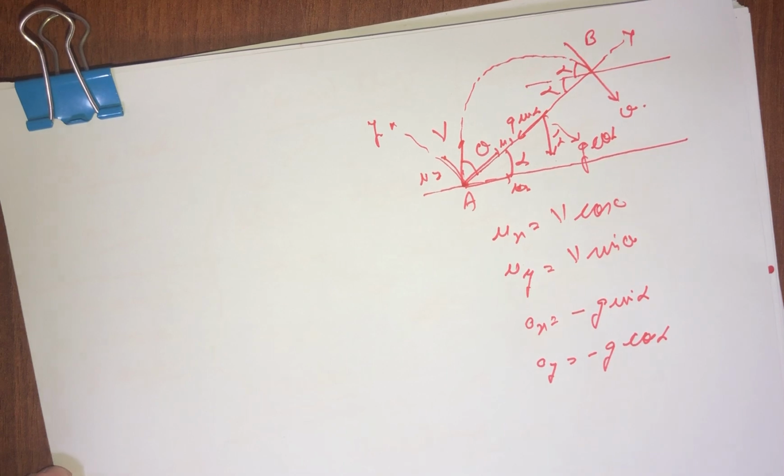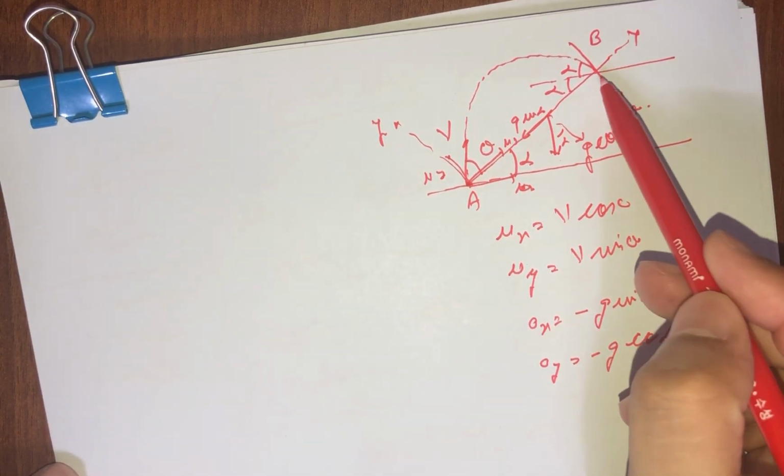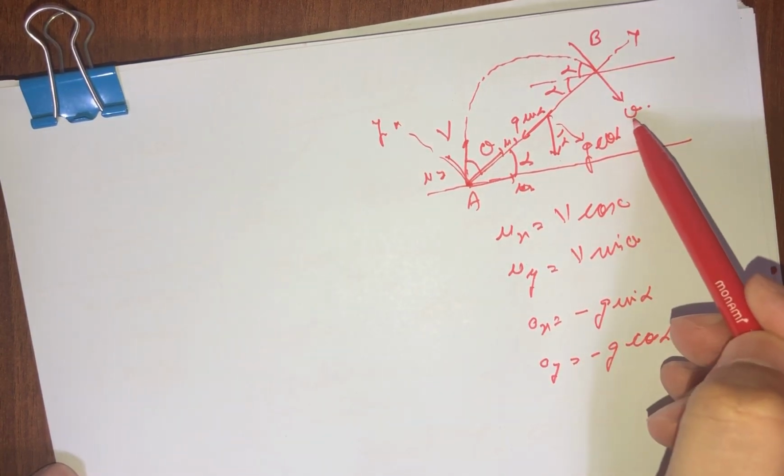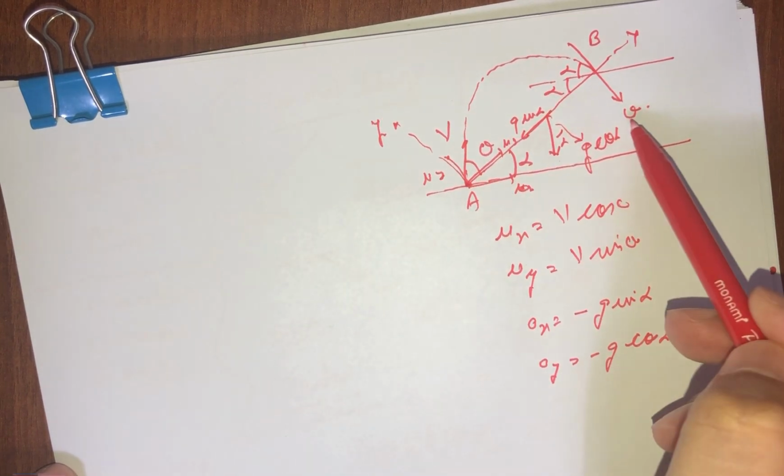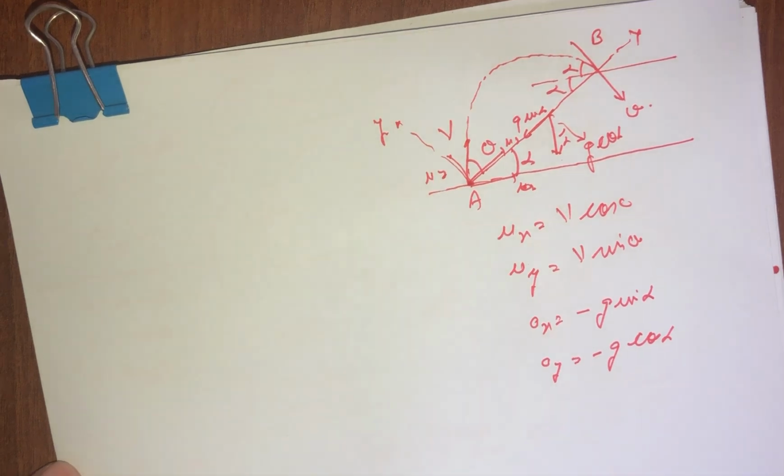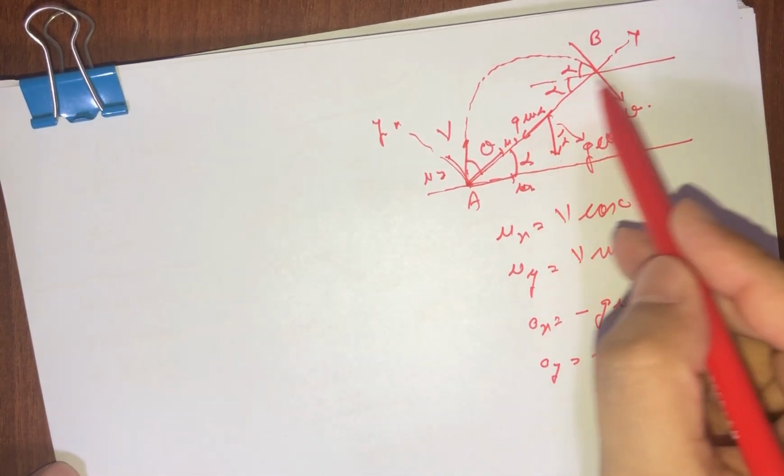So we already said that at point B it strikes with the velocity v, small v, this is capital V, that is initial, and this will be small v, and which makes an angle of alpha with the horizontal.